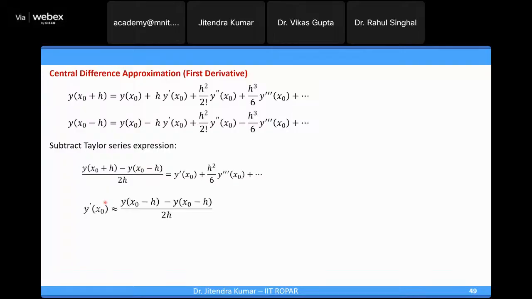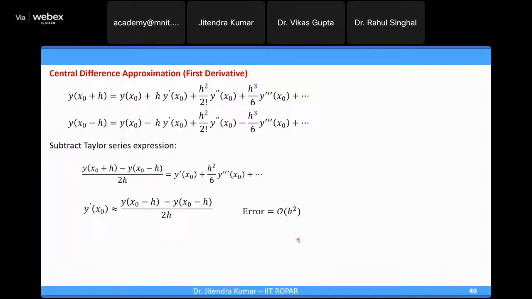This first derivative is approximated by this difference, y x naught plus h minus y x naught minus h. Sorry for the typo. The leading error term is of h squared, so the error is of order 2, though we are talking about the first derivative itself.